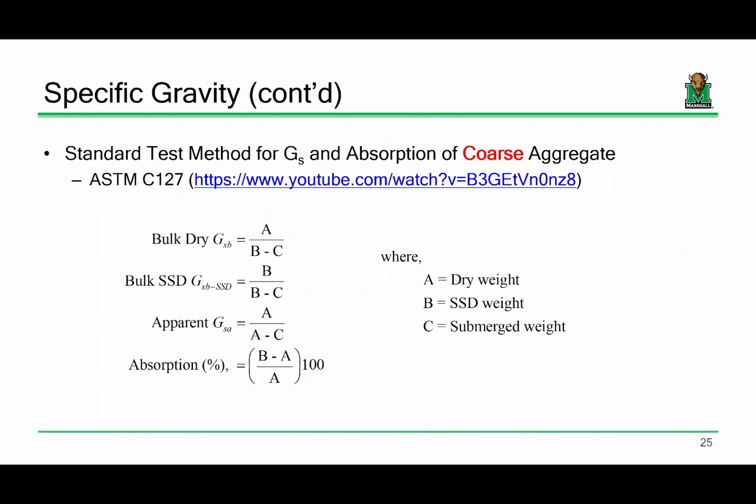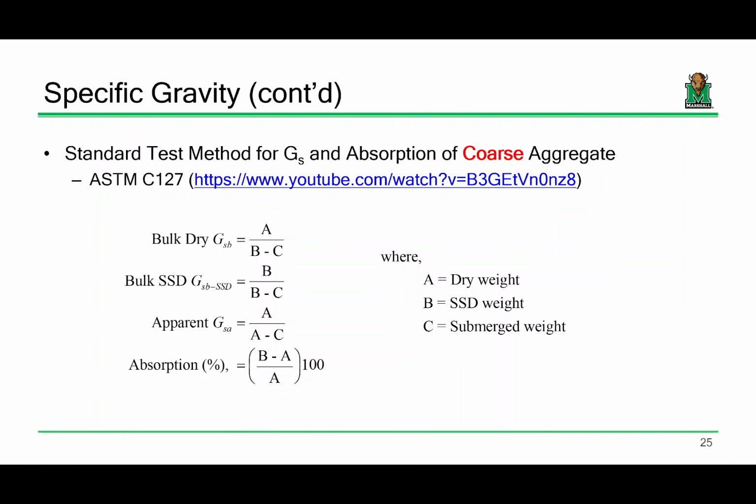So in other words, let's say we had two particles. Here's a particle and here's a particle. And they both have like a crack here and a crack here. So it's the same volume or same particle, okay?